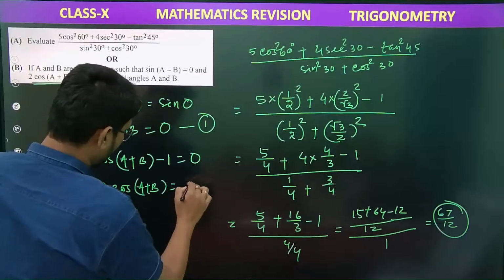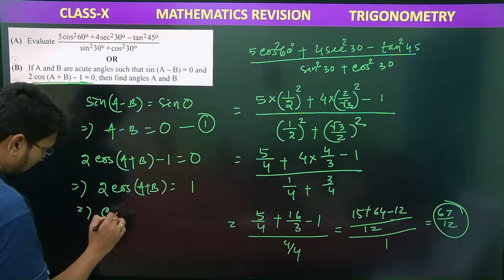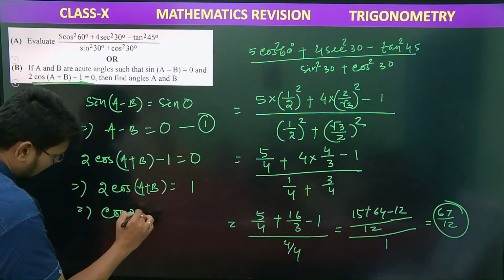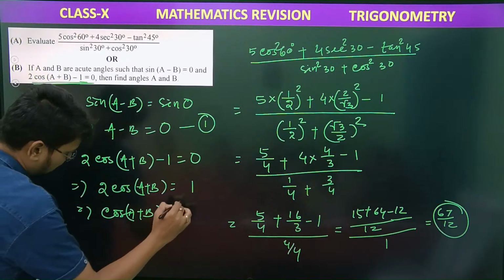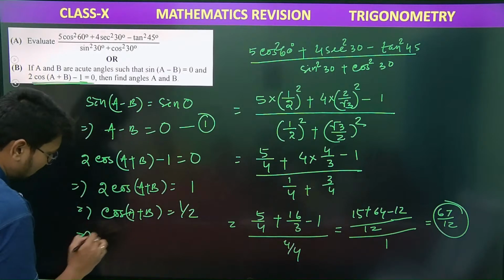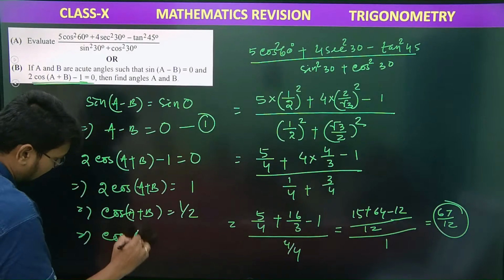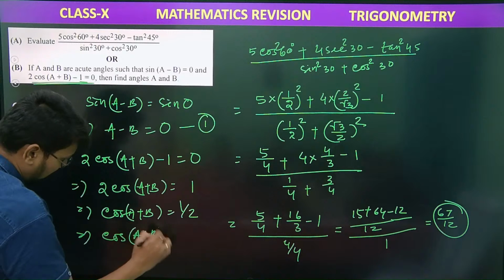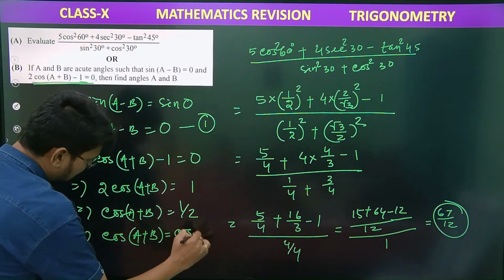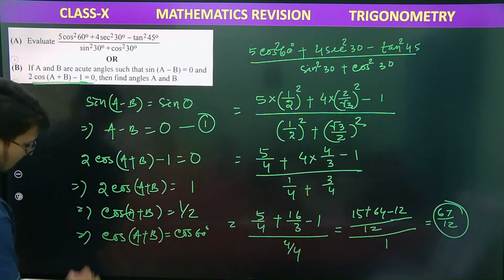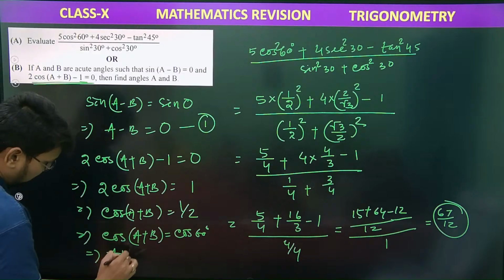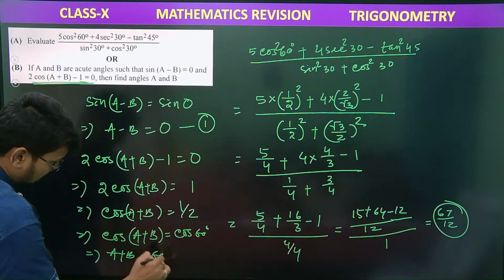So it will become 1. So cos(A plus B) is how much? 1 by 2. So which value of cos(A plus B) is 1 by 2? That is cos 60. Clear everyone? So therefore A plus B equals 60.